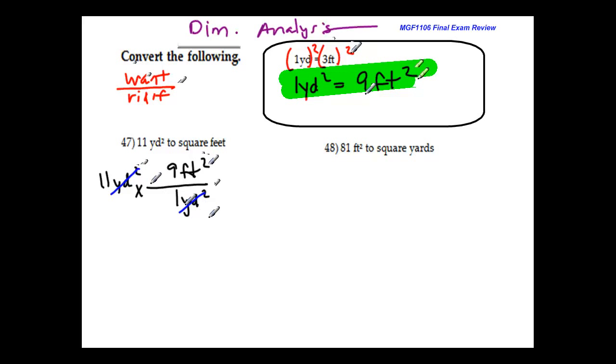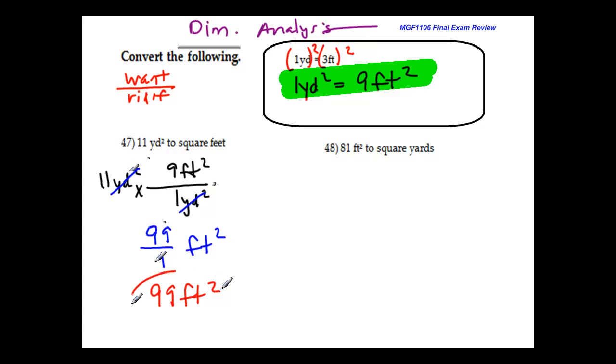They have to match exactly. 11 times 9 is 99. 99 divided by 1 gives me an answer of 99 feet squared. Did not have to round anything. Units are very important. To use dimensional analysis, the units must cancel exactly.